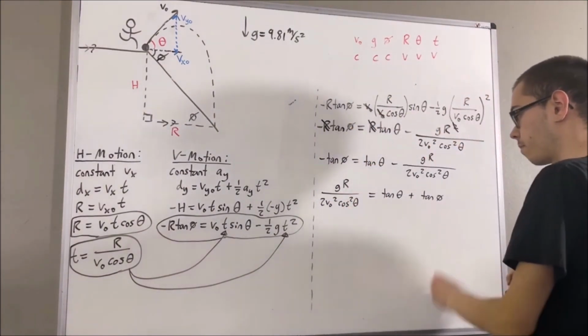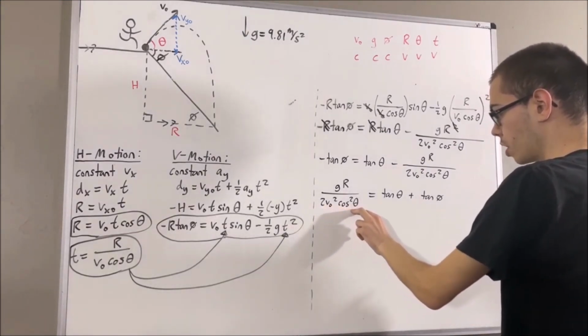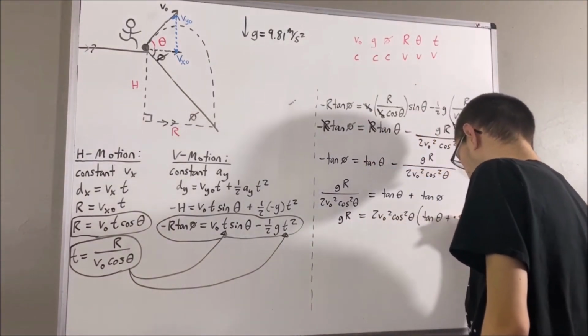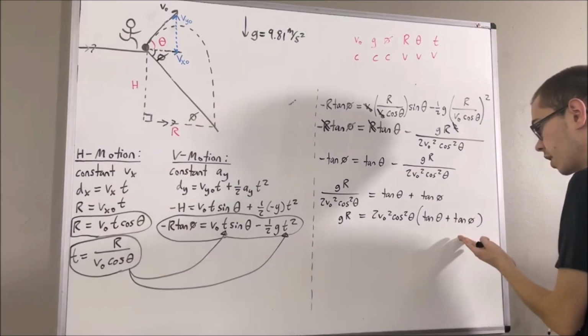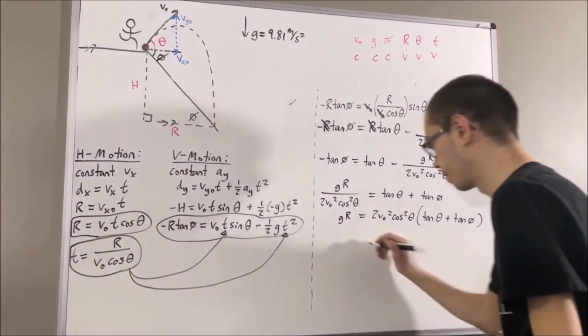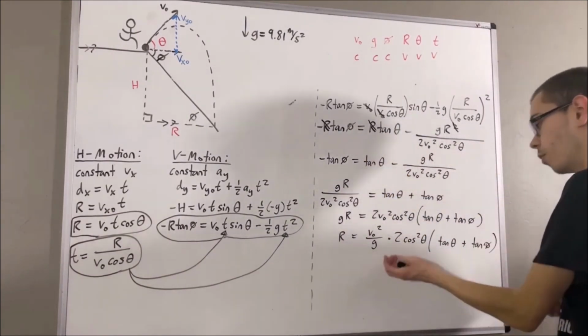So we get this. And next, let's multiply 2 v naught squared cosine squared theta to the other side. So we get this. And next, let's divide g over to the other side. So we get this.